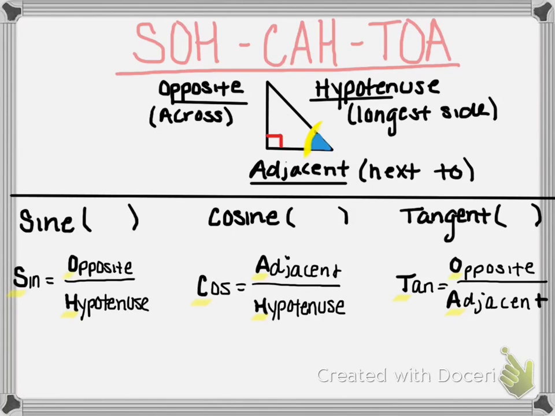Sine is actually just S-I-N, which you'll see written most times. Cosine can be shortened to C-O-S, cos. And then tangent can be shortened to T-A-N, tan. So math people are pretty easy with their nicknames. They just use the first three letters of sine, cosine, and tangent.